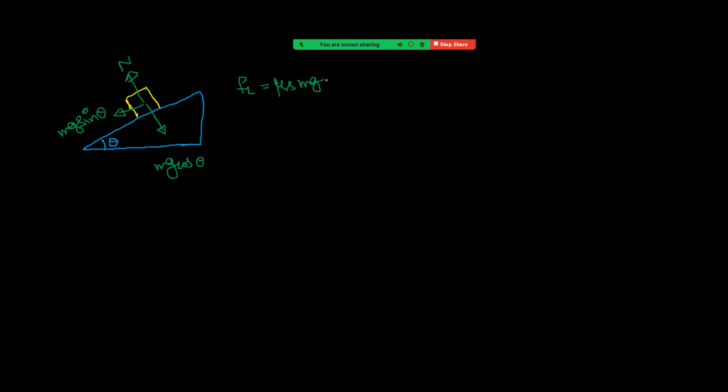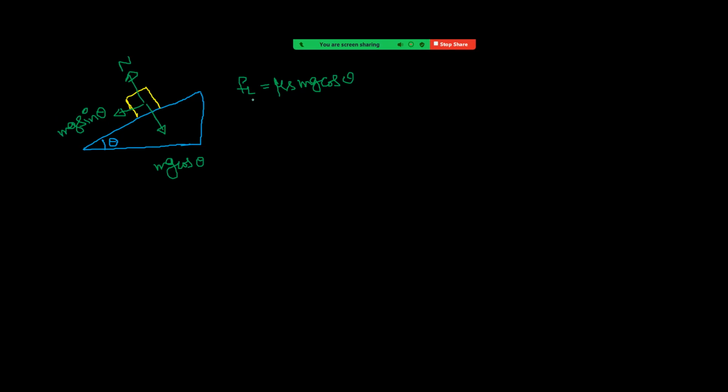Normal reaction is mg cos theta. If theta is increased, sine theta also increases. That means this downward force increases.